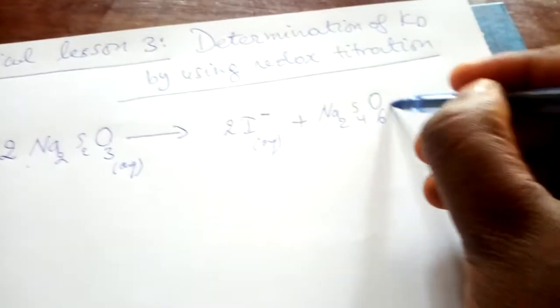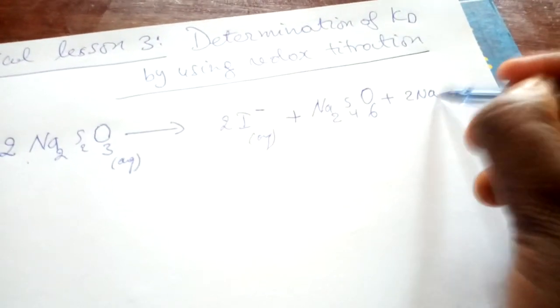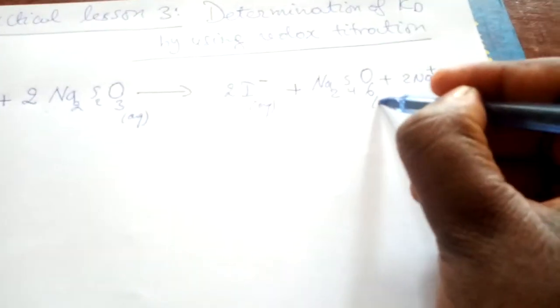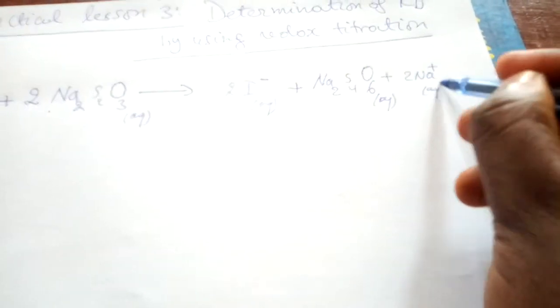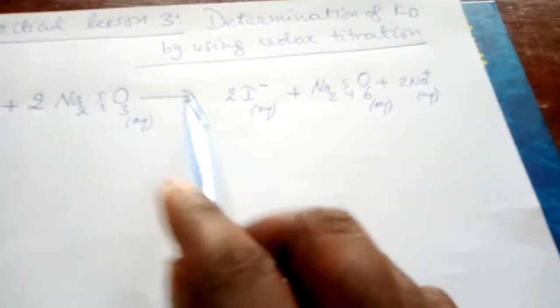Here we have 6, and we also have 2 sodium, and the 2 sodium ions will help us to accommodate the anion, those iodide.